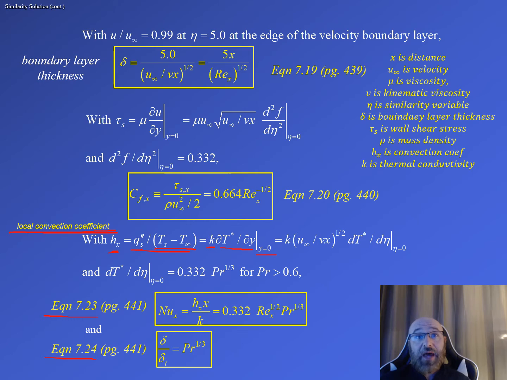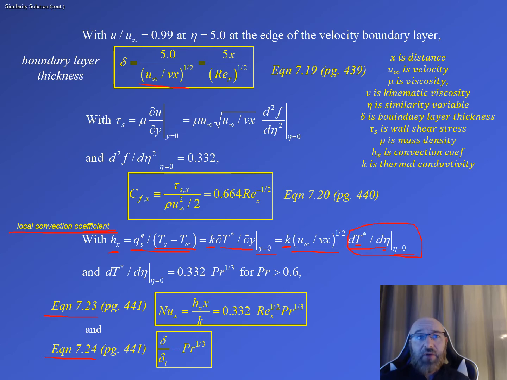And then we can plug in for that, and this is going to be now our K value, our thermal conductivity, times this relationship that we see above up here from equation 7.19, which is u infinity divided by our nu x to the 1/2, times now we have our derivative of our dimensionless temperature with respect to eta, evaluated when eta is equal to 0. So let's just take a look at this portion right here.